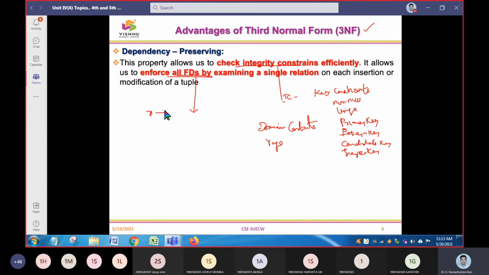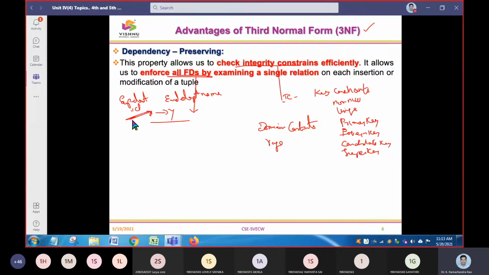Functional dependency, we represent a relation with X to Y. If I'm going to call it employee department name, it is purely dependent on employee department ID.